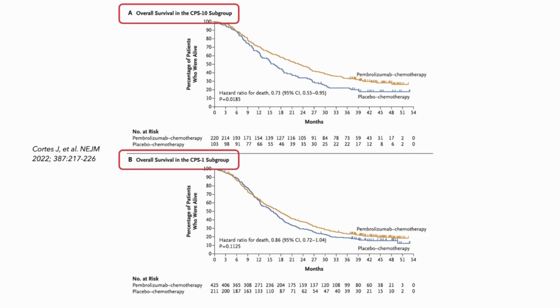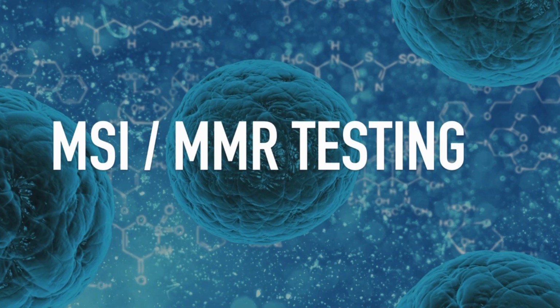There is a slight survival advantage when the score is higher, which is to be expected. MSI, MMR testing, basically any solid tumor qualifies the patient if the patient has advanced disease for PD-L1 and other therapies.